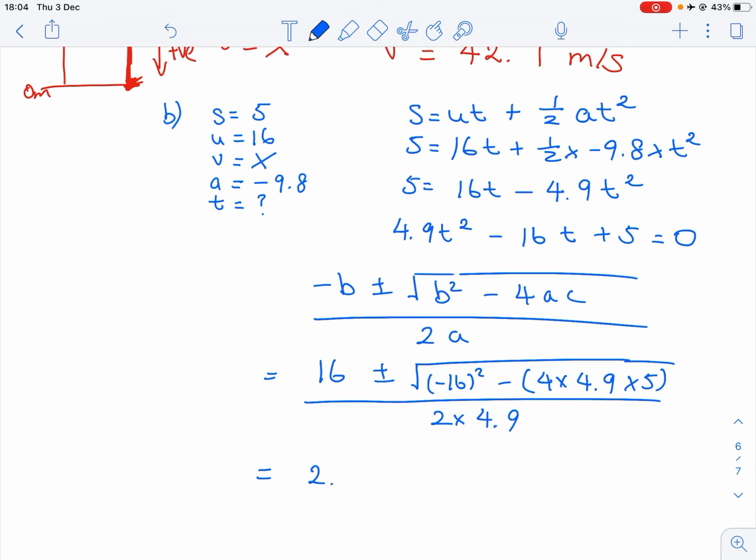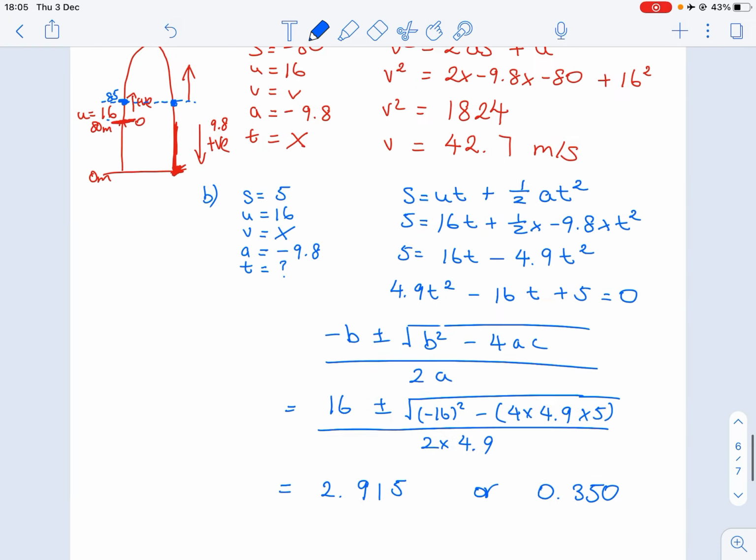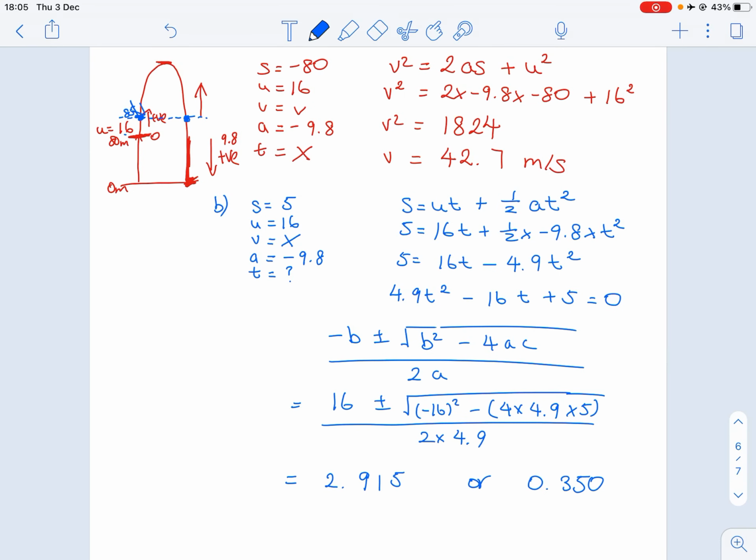So we get t equals 2.915 or 0.350. At this point, just look at our diagram. This point is going to be 0.350, and this point is going to be 2.915.